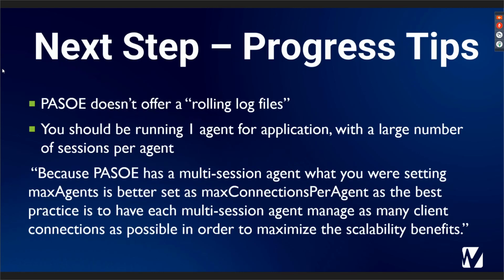The first tip was that PASOE doesn't offer rolling log files, and by that they said that PASOE doesn't roll the log file when it gets to a certain size, like in the classic. The only option is that it gets archived at midnight.